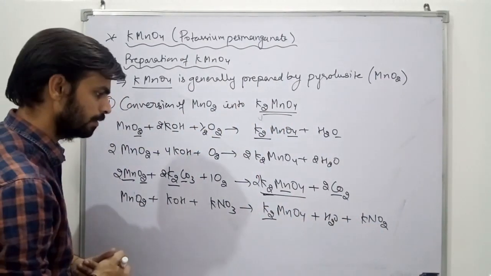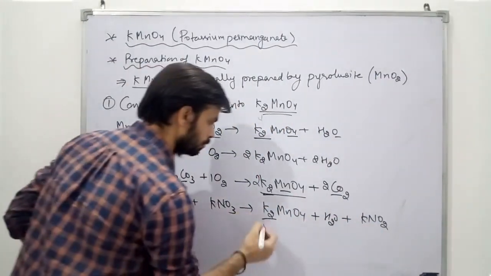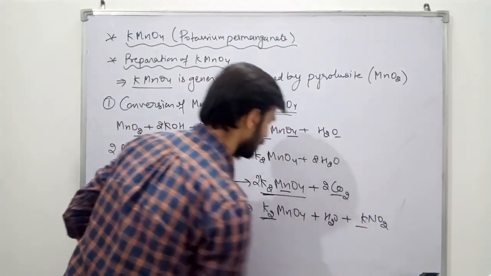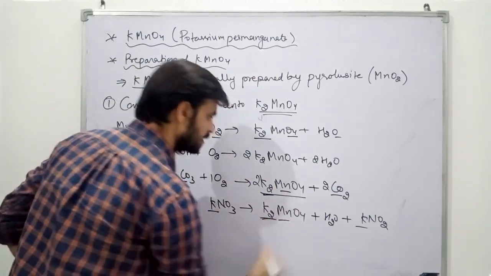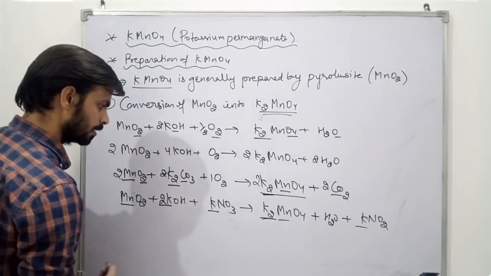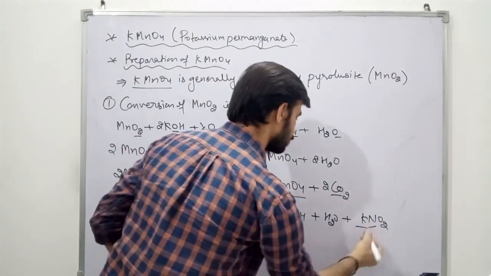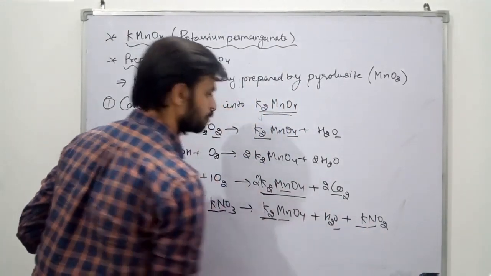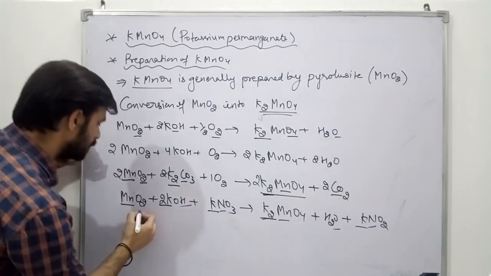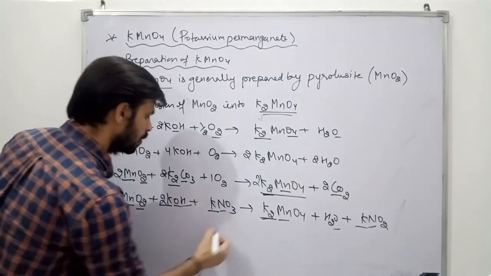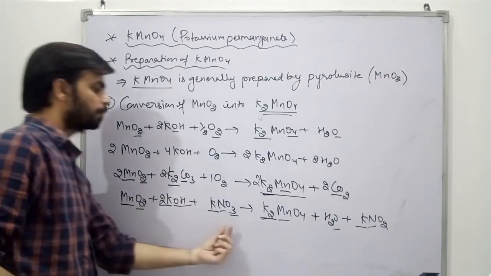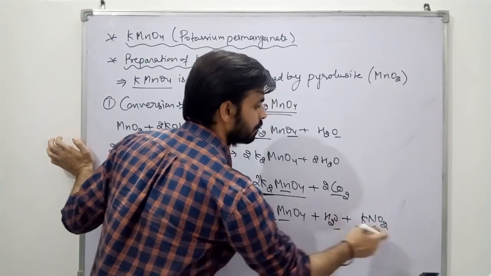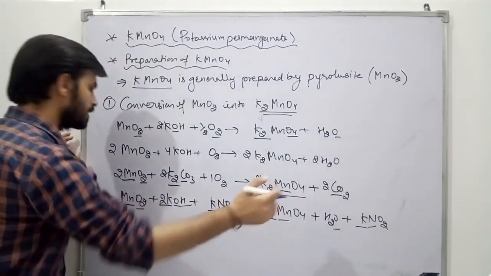Now balance the equation. We have 2 potassium plus 1, that is 3, on both sides, manganese 1, then nitrogen 1. Again balance the hydrogen, 2. Now the oxygen: 2 plus 2 is 4, 4 plus 3 is 7, and on the right 4 plus 1 is 5, 5 plus 2 is 7. It is a balanced equation.